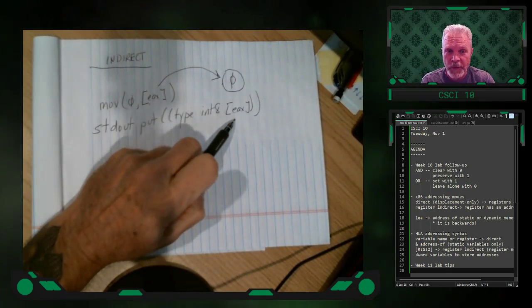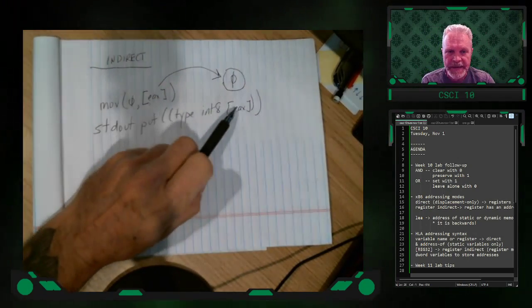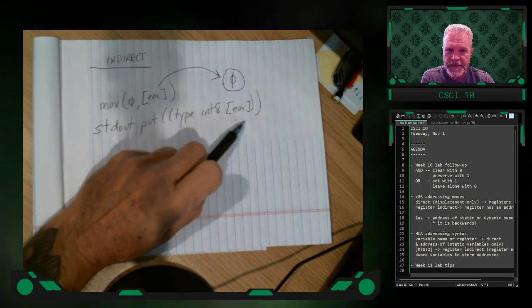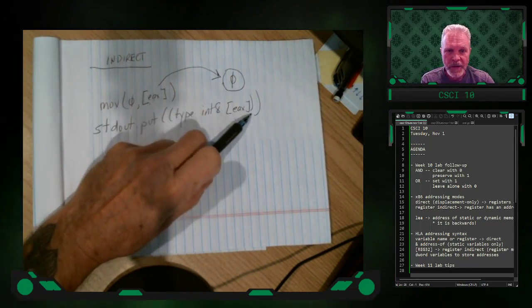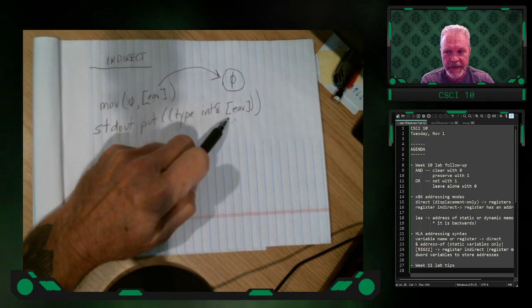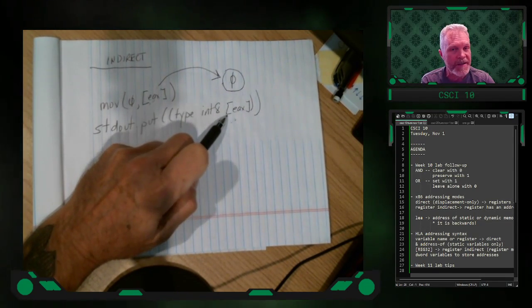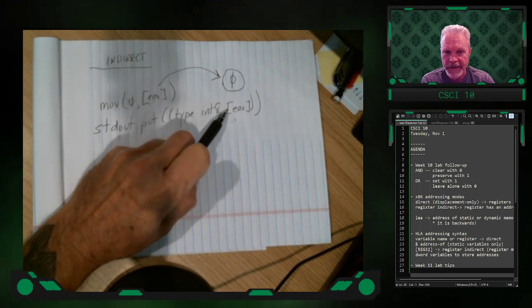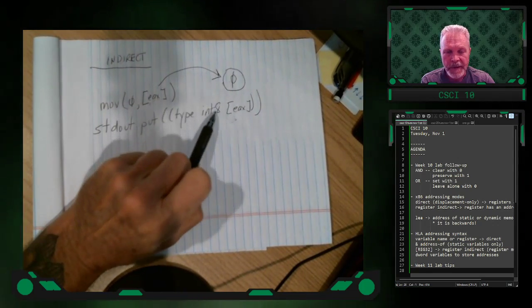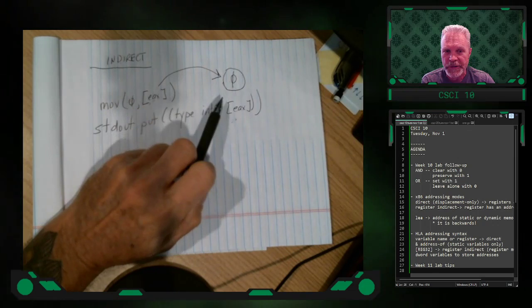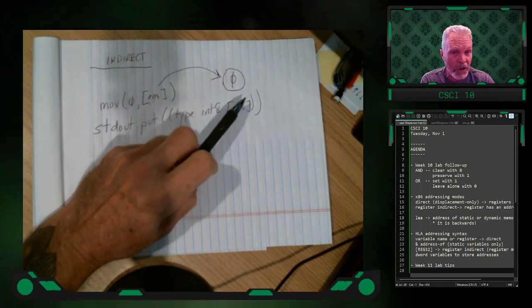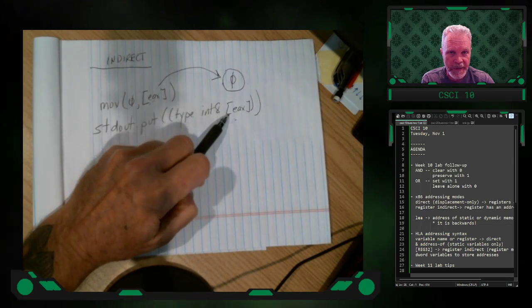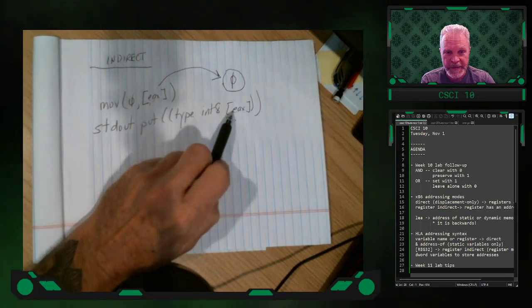So if I see the square brackets, indirect addressing, guaranteed. There's no other way to make these square brackets mean anything in HLA or in x86 assembly that is not indirect addressing. It just is. This is indirect addressing, period. There are a couple of specialty types of indirect addressing, but they use the square brackets and they are still just variations on indirect addressing. So what does this mean again?